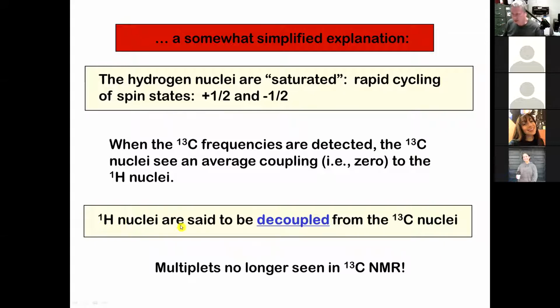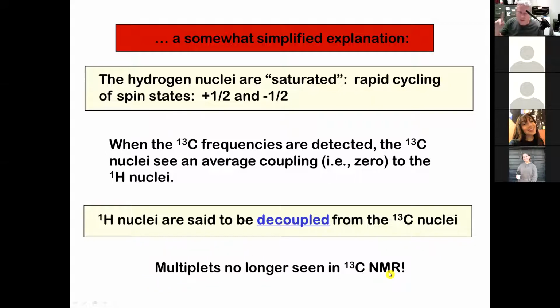The proton nuclei are decoupled. So basically all of the coupling, the triplets and doublets and quartets, get wiped away because we blast all the protons, and the protons are all excited simultaneously, and then there's none of the coupling information, and the consequence is multiplets are no longer seen.